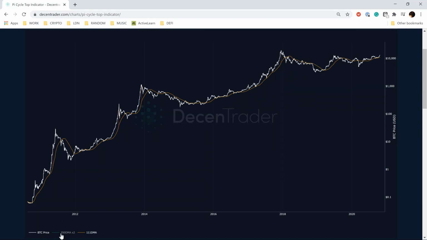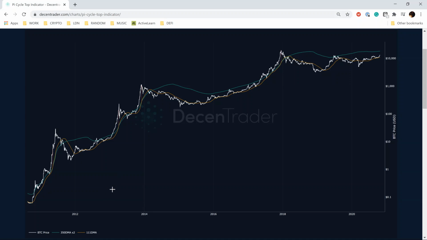And what we use here is a times 2 multiple of that 350-day moving average. So what we're doing is taking the values of the 350-day moving average and multiplying those by 2. If you want to know a bit more about that, I do recommend checking out last week's video on the golden ratio multiplier, where we explain that in a bit more detail.